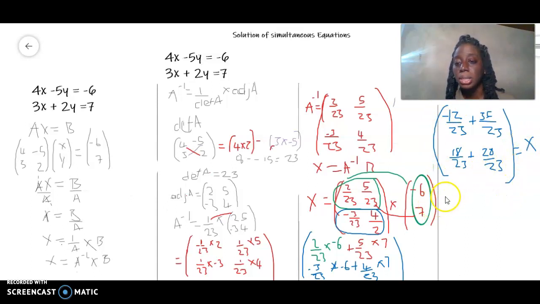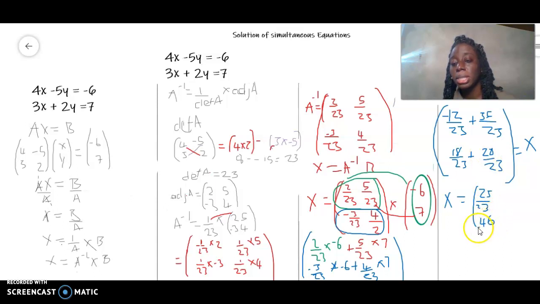So continuing, just tidying up a bit. Negative 12 and 35 will give me 23. The denominators are the same, so that's 23 over 23. And then 18 plus 28 will give me 46.